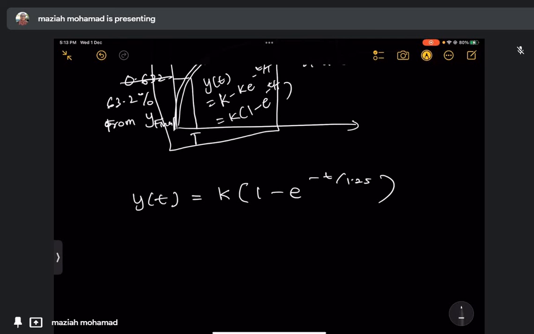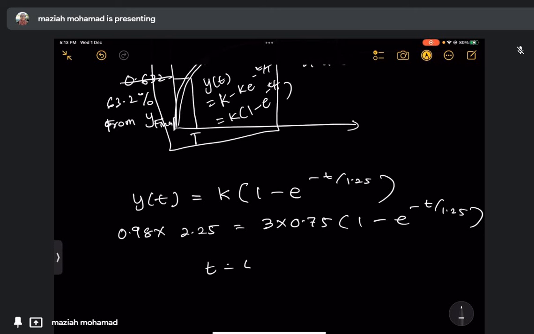So here is 0.98 multiplied with 2.25, which also equals 3 multiplied with 0.75. Wait, Hana Humaira, minus exponent negative t over 1.25. Based on the equation, you should get t equal to 4.9 seconds.